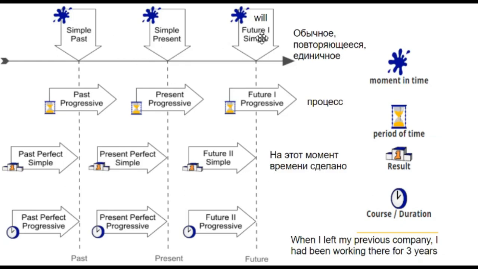Simple tenses – прості часи. Progressive tenses. Perfect tenses. І perfect progressive tenses. These are the lines, the rows of the table.